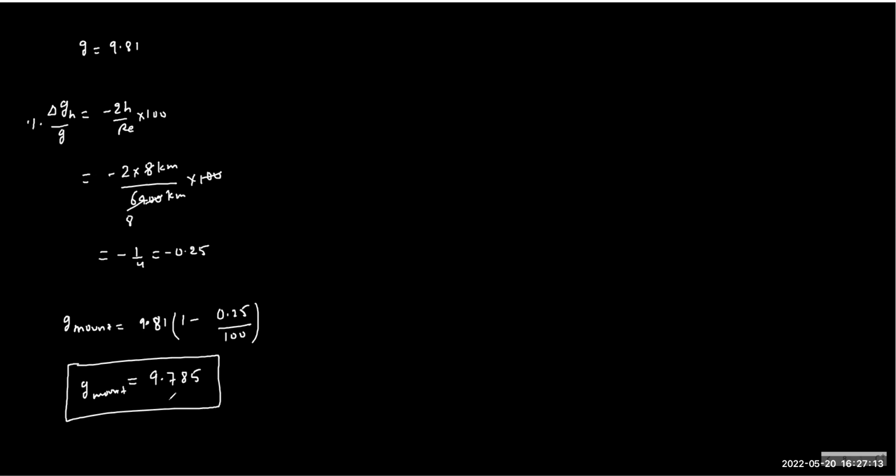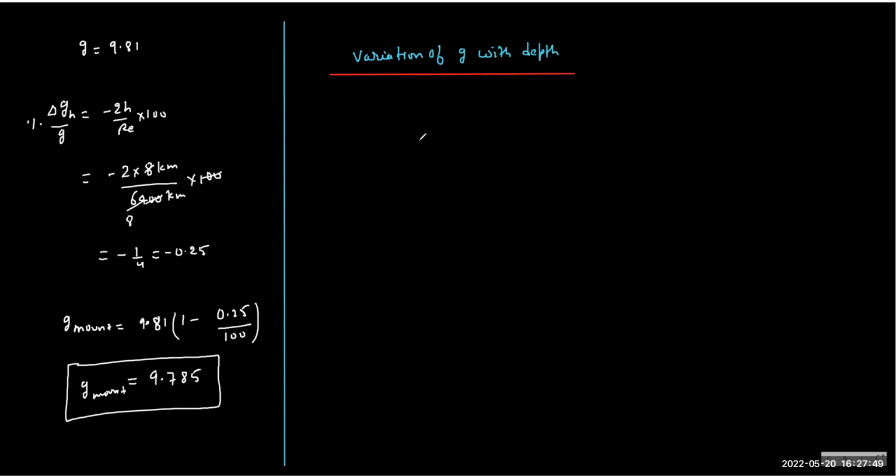Anyway, so now we saw the g variation with height, and of course, any planet which is orbiting Earth far away will have a different value of g. It's not the same g. The second is called variation of g with depth. So again, we have to do the same.